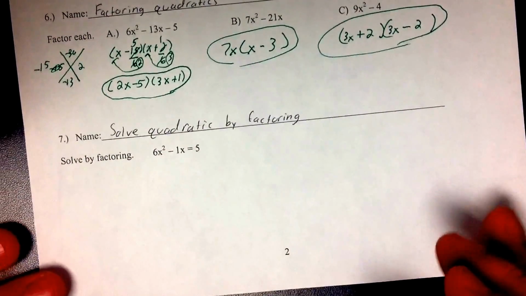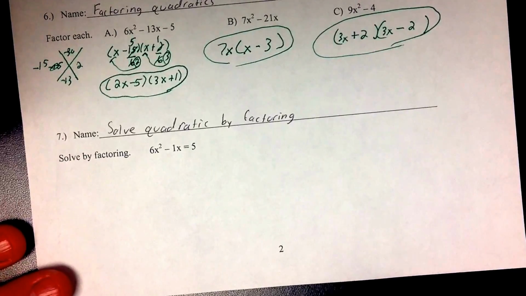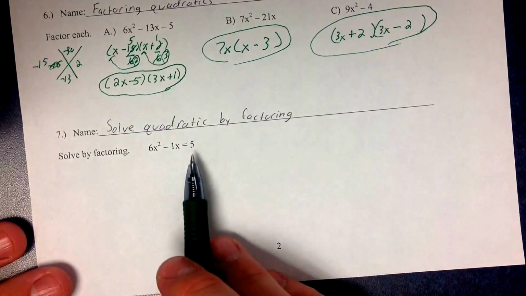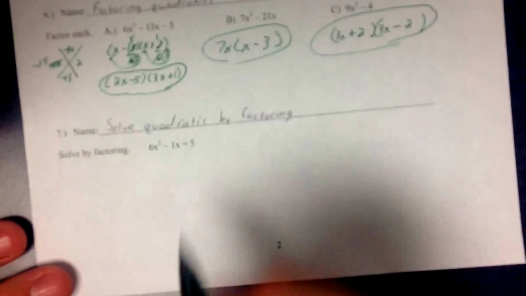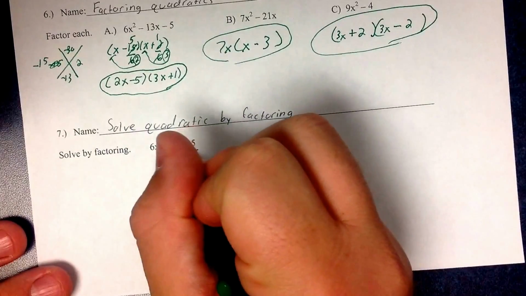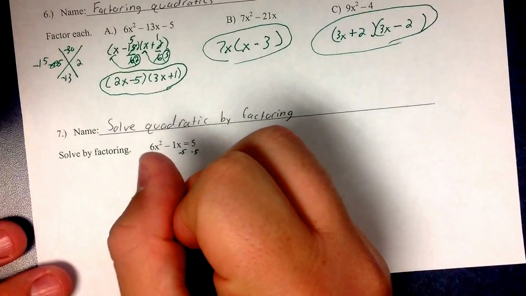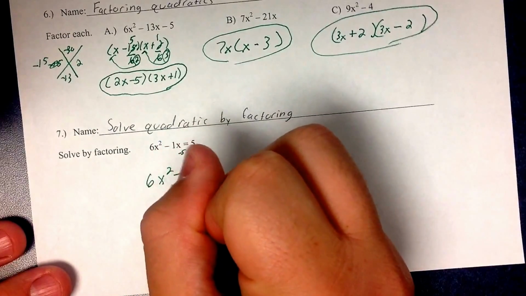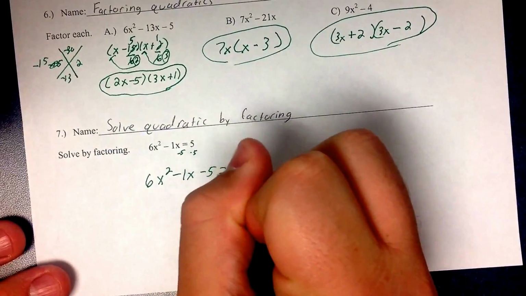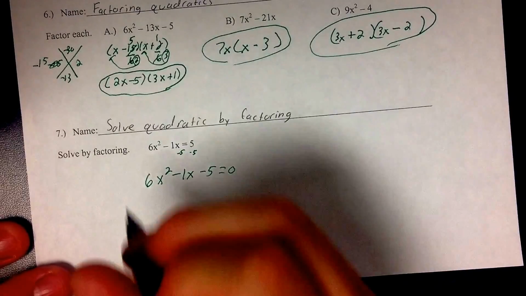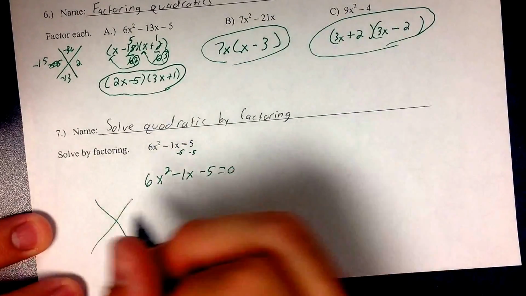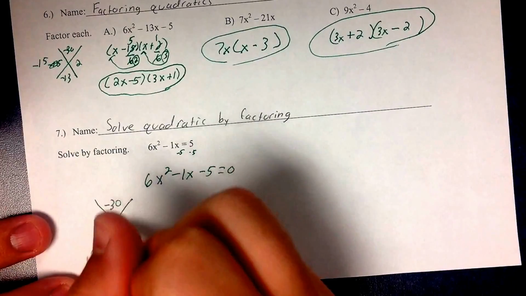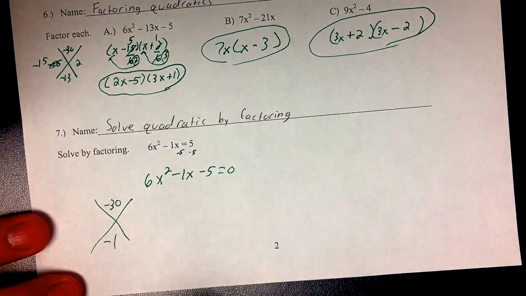Okay, number 7, I want to solve the quadratic by factoring. So in order to solve it by factoring, I've got to have 0 on the right hand side. So here I would have to subtract 5 from both sides. So I get 6x squared minus 1x minus 5 equals 0. Then do the diamond. So I've got negative 30 on top, negative 1 on the bottom.